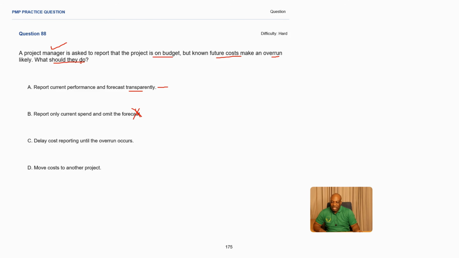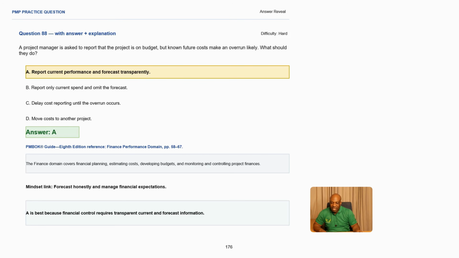The moment you start delaying things, it will be very difficult for you to report this, especially this overrun that we are talking about, making this one an incorrect answer. D, move costs to another project. This does not resolve the problem because the project is still going to have an overrun. So it's not going to resolve the problem, making it an incorrect answer. So the best answer here is A.